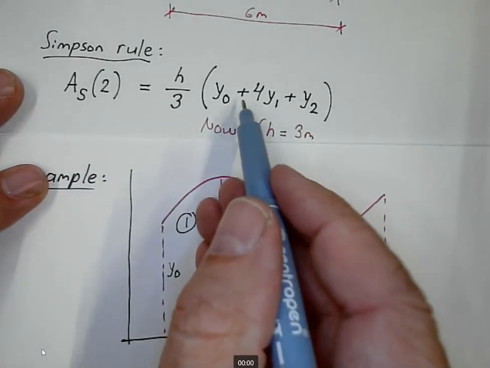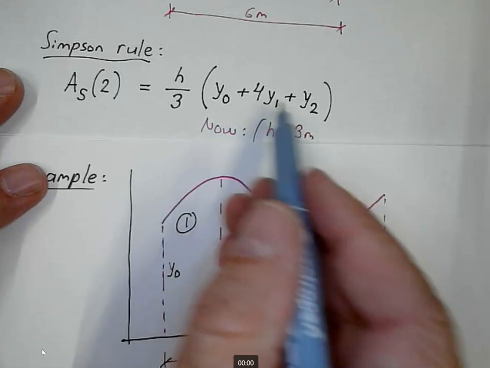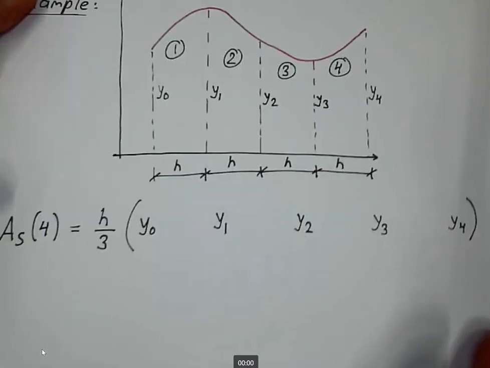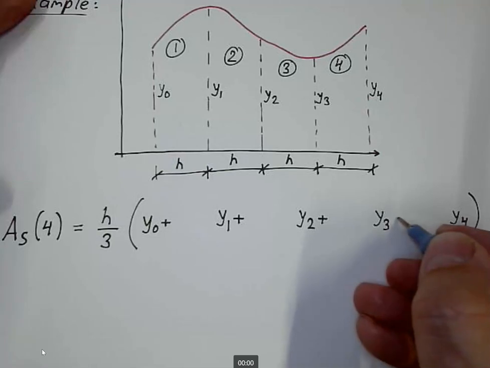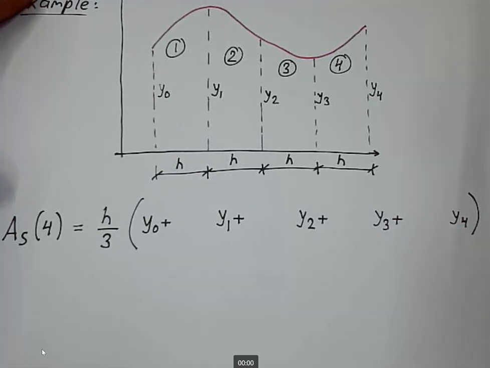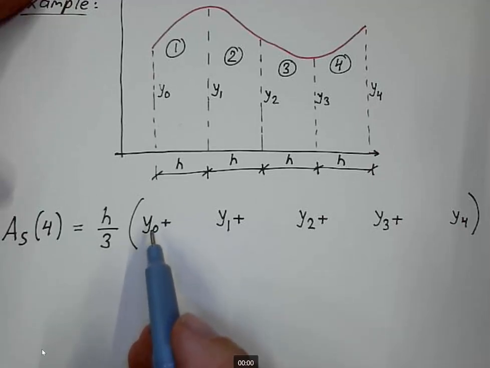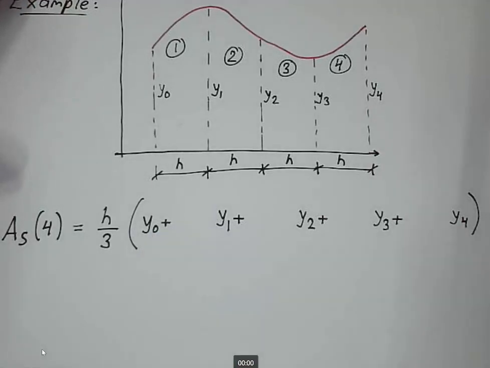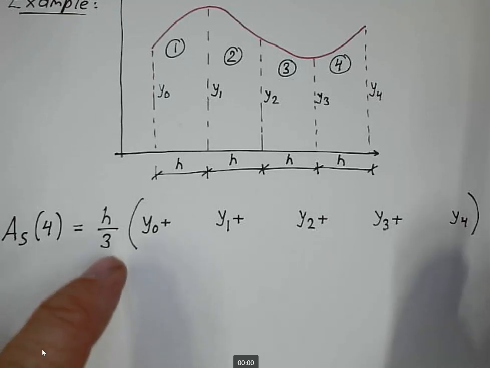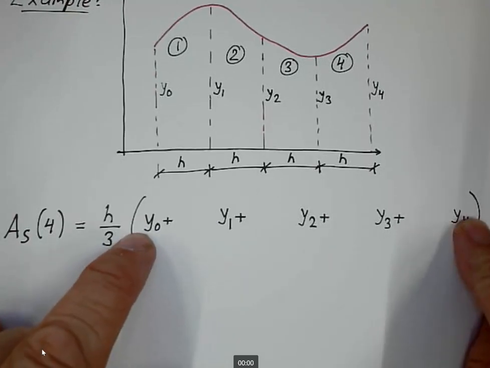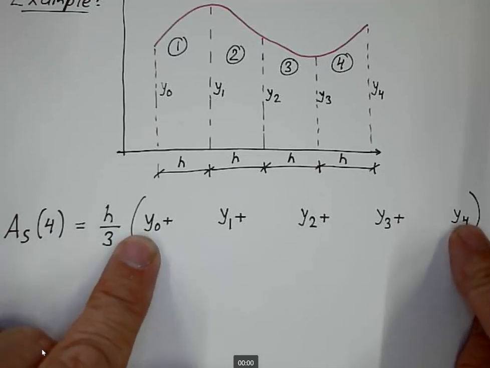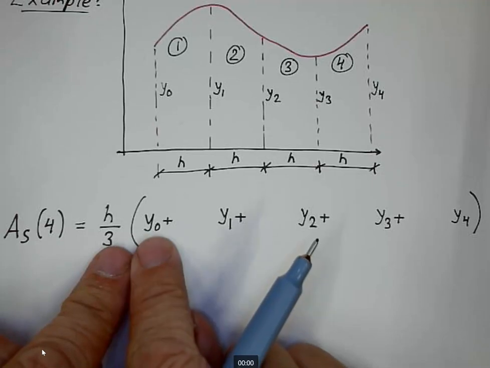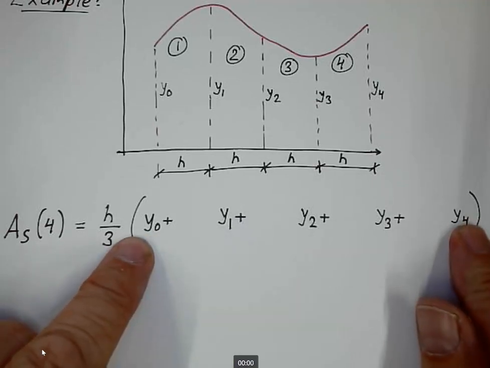We also had sum or addition there. Here again we have plus signs, plus, plus, plus, plus, and then we take first and last. They get the factor 1, so we don't need to write anything there. There is simply y0 and y4 there.